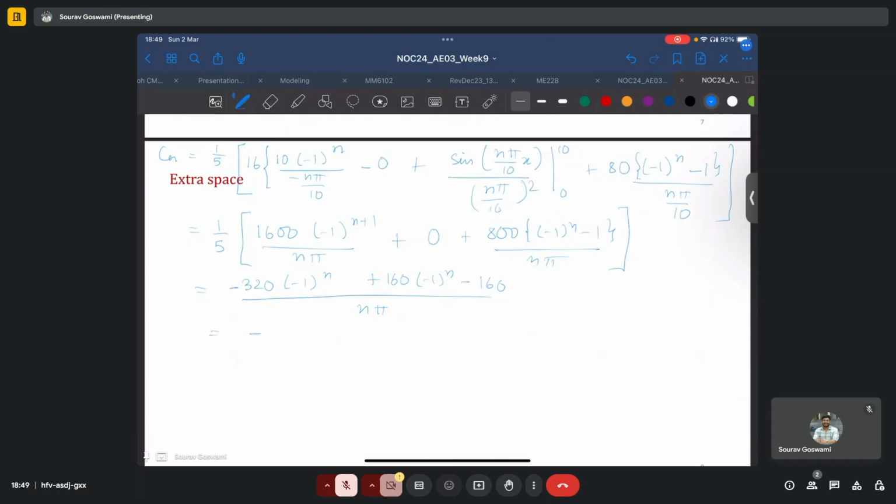So this becomes minus 160 by n pi times minus 1 power n plus 1.